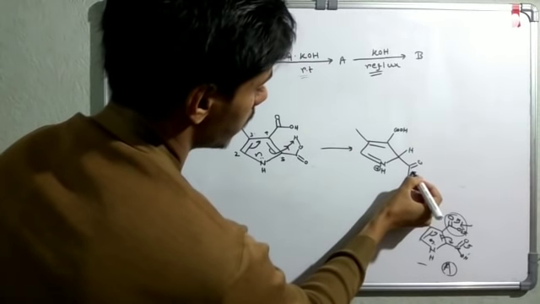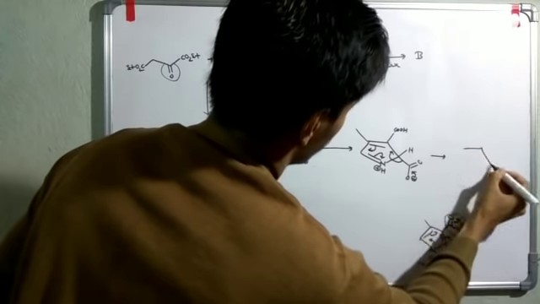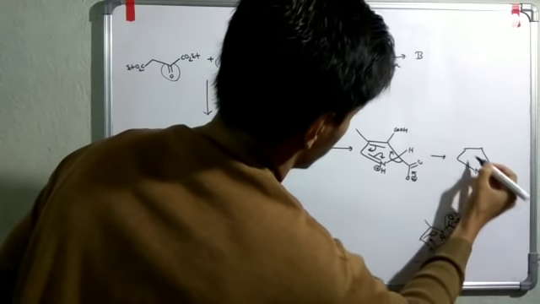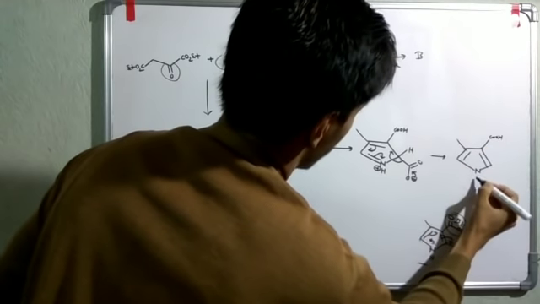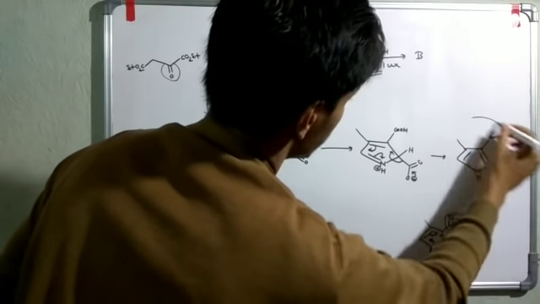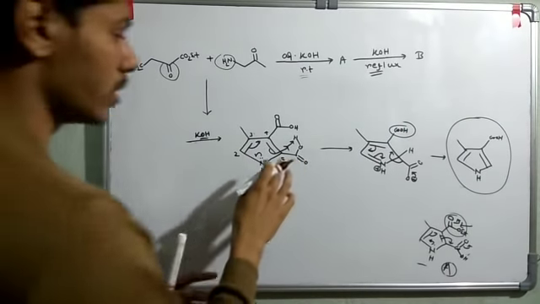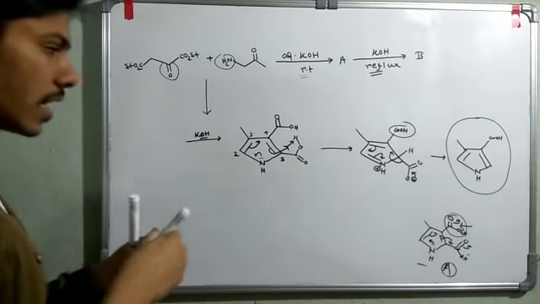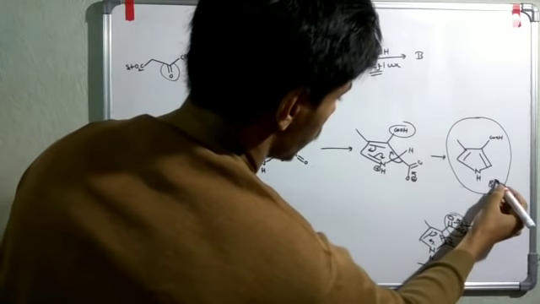Now this O minus can push and it can go like this. This is how you will have decarboxylation, and you will get this product. So this acid group will remain intact, only this acid group is decarboxylated. So this is your product A and this is your product B.